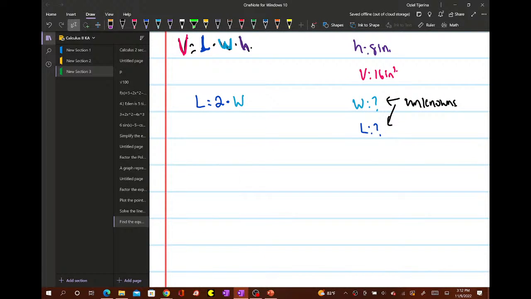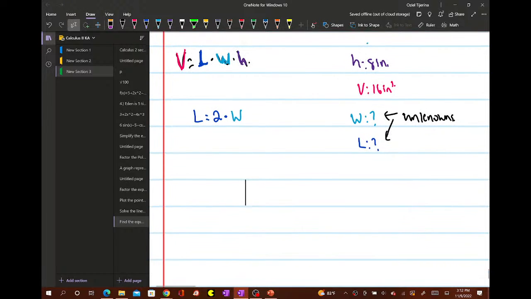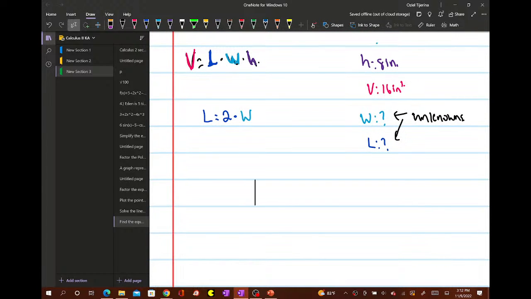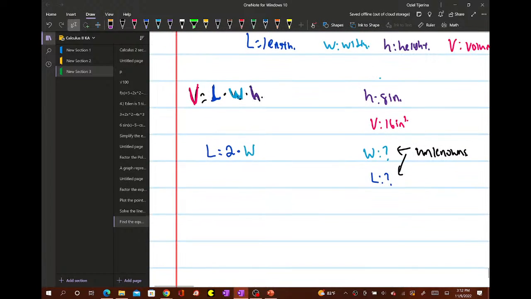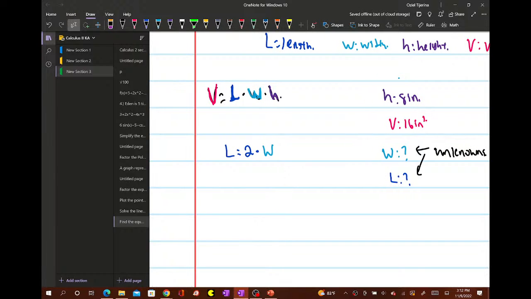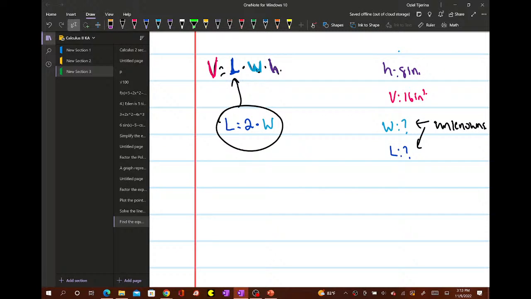The length is 2 times the width. So basically, we can plug this into here, right? And we know that V is 16 inches cubed.